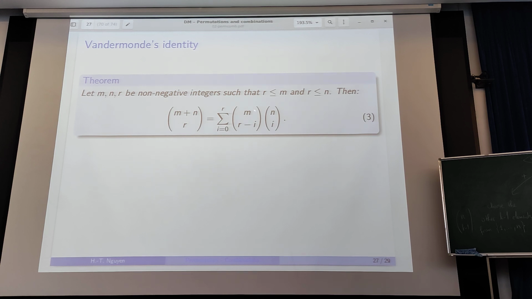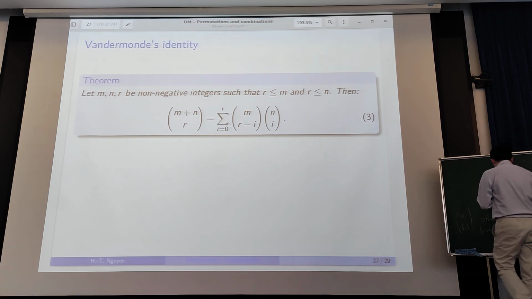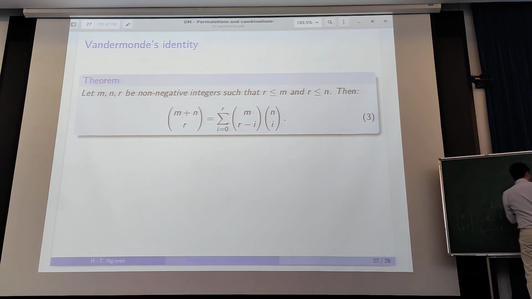From this factorization you can guess the idea is that you divide your set of m plus n elements into two halves, and you create your subset of size r by taking one part in the m half and the other part in the n half. It would be more intuitive if you draw a diagram.